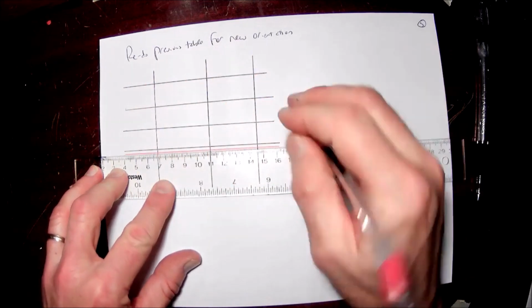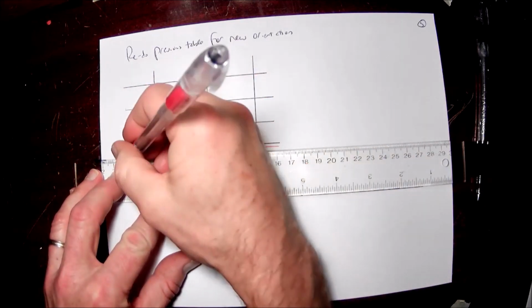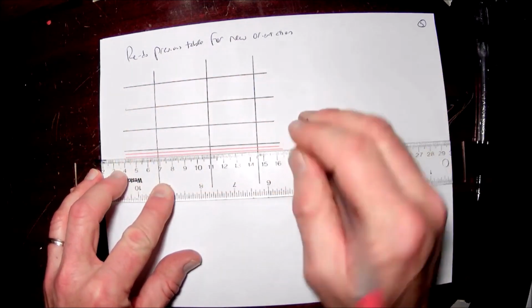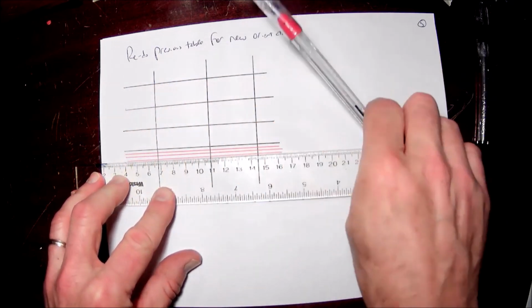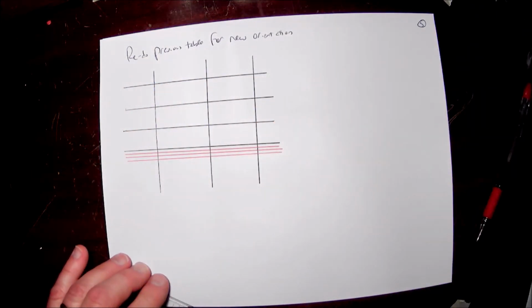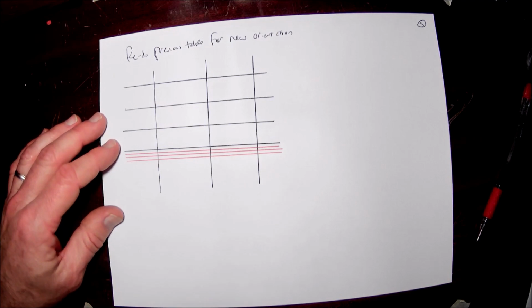I'll make these lines in red. I hate to have a table with forces in the left column, but I like to illustrate the point here of what happens to your acceleration.